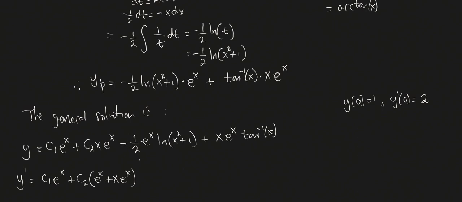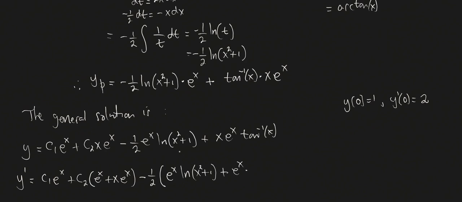Now, this negative is going to have to be distributed to both of the terms. So what I will do is take out the negative 1/2, since that's a constant multiple, and then just focus on differentiating the product e to the x times the natural log of x squared plus 1. So the derivative of the first, I'll get e to the x, and then the natural log of x squared plus 1, and then plus the first.